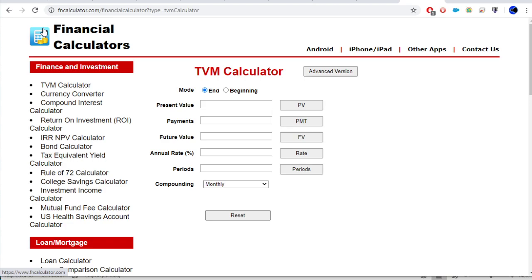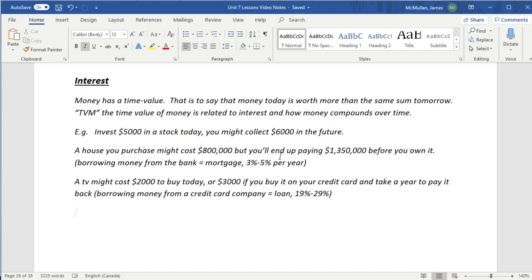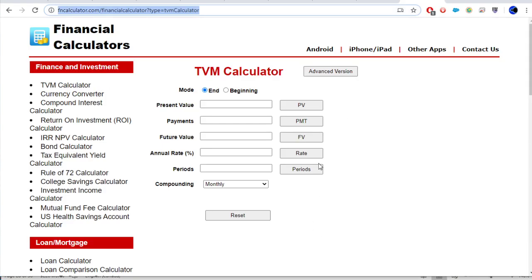It's called Financial Calculator, and it has that exact picture, and you can grab it on your phone, or you can just use it on this website, financialcalculator.com. And then the very first thing to click is TVM calculator. Just believe me when I say you want to use this.